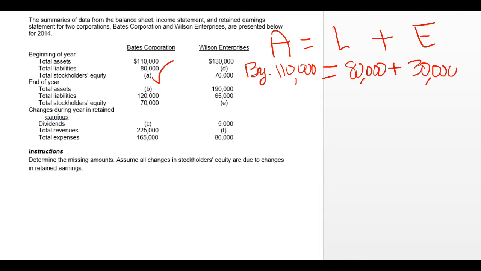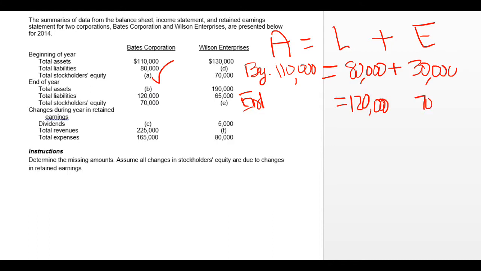Now, my next step is I'm going to go with the end of the year. I'm going to do the same thing. I'm going to write end of the year right here. And it looks like the unknown here is assets. So I'm just going to write the equal sign and look at what's given. You've got liabilities, which are 120,000. So I'm going to write that right there. And it looks like equity at the end of the year is 70,000.